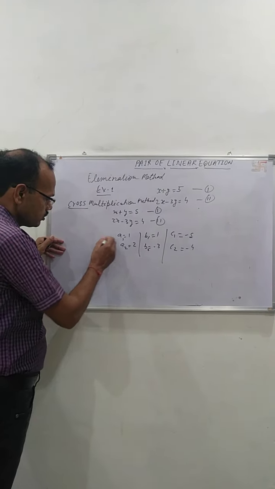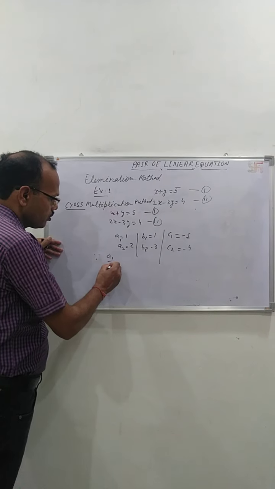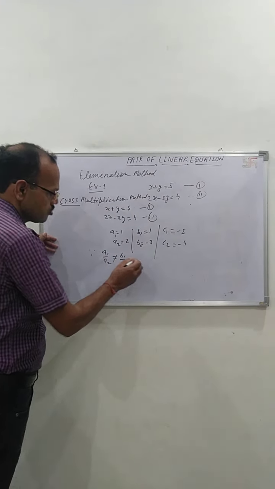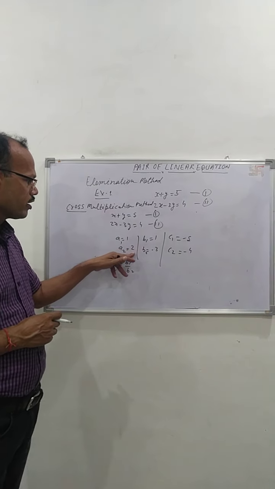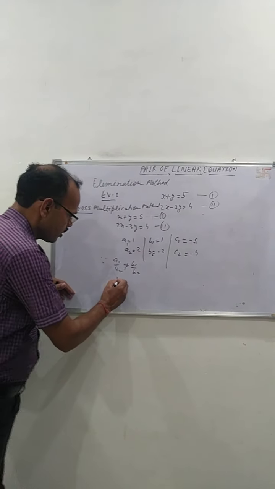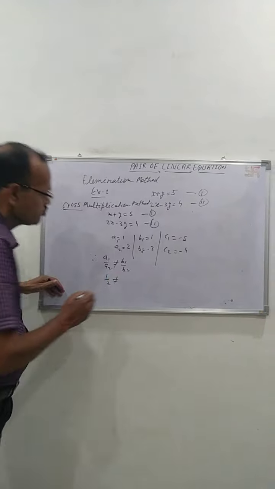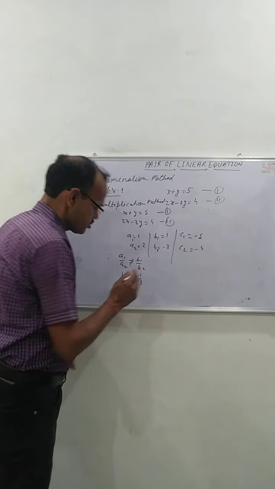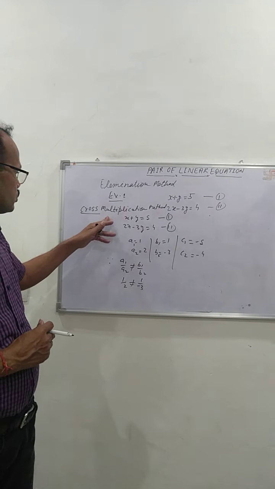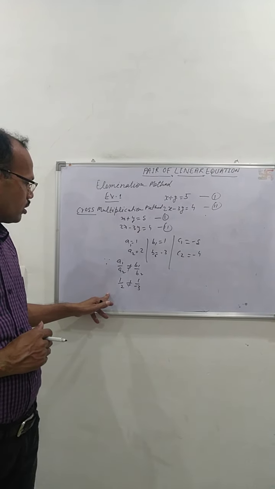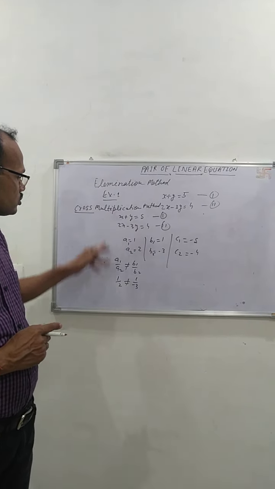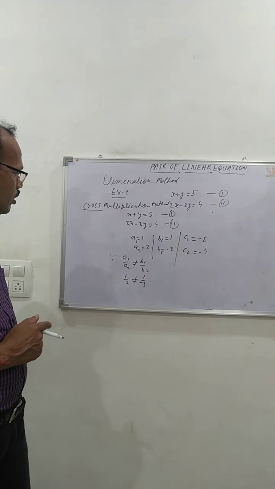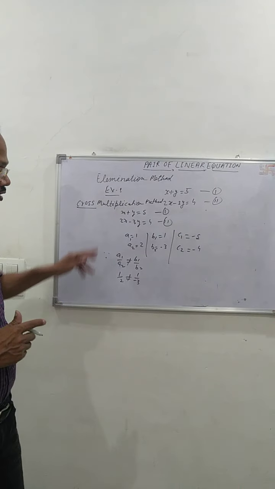In this case a1 upon a2 is not equal to b1 by b2, because a1 is 1 and a2 is equal to 2, so 1 by 2 is not equal to 1 divided by minus 3. So the solution is consistent, and when the solution is consistent, we use the formula for x and y.